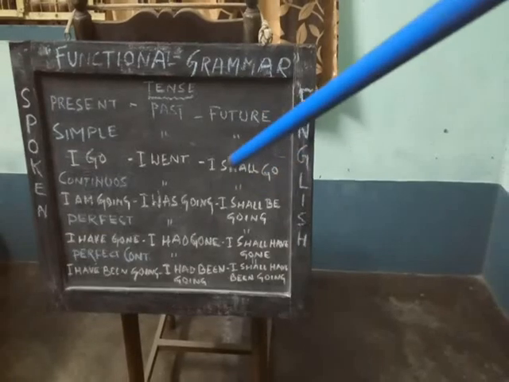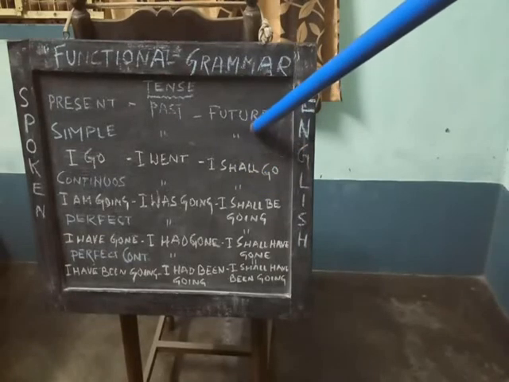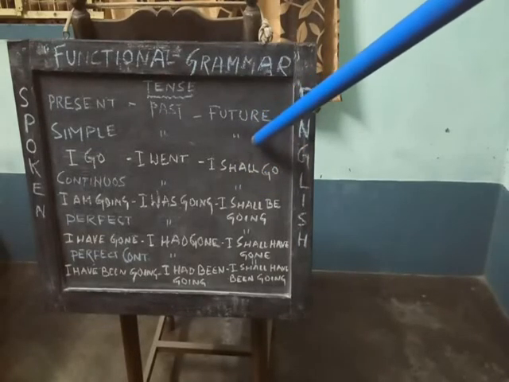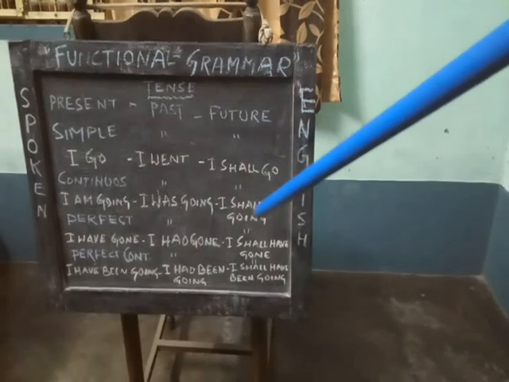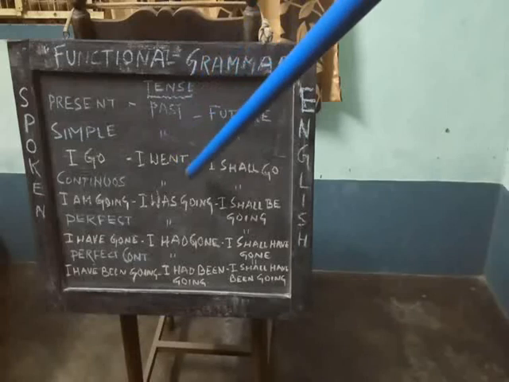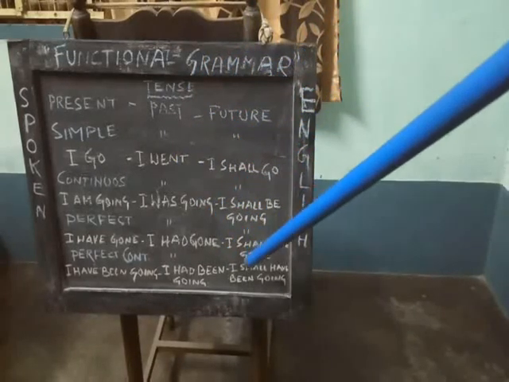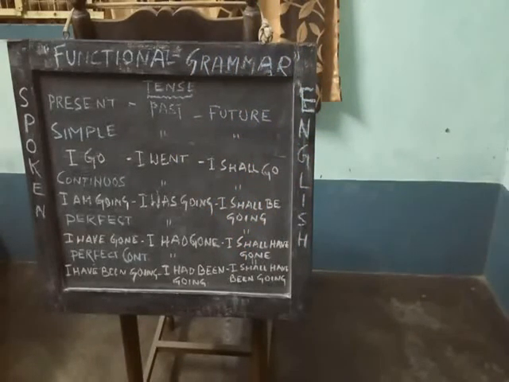Now I am jumping to the last one, the future tense segment. There also it stands the same: future simple, future continuous, future perfect continuous. I said future means time to come. That means it has not happened, it is not happening, it may happen, I mean it will happen. Okay.